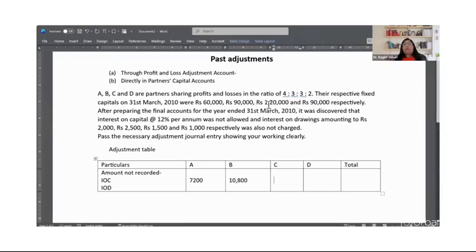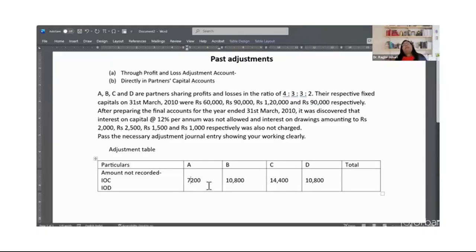Now let's come to C. 12% of 1,20,000 is 14,400. Now for D, it is again 90,000, so 12% of 90,000 again will be the same amount, that is 10,800. Now interest on drawing.